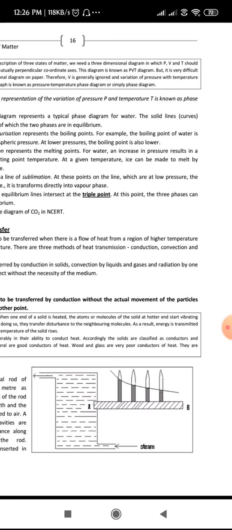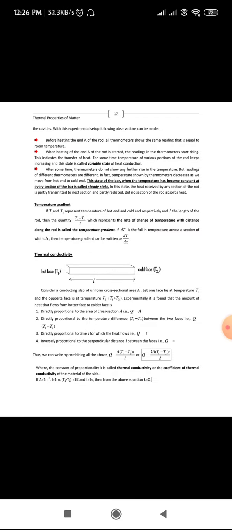Next, after some instant of time, even though you are supplying heat to the end A, the thermometer doesn't show an increase in temperature. When you go through all four thermometers, none of them shows an increase in temperature. Why is that?